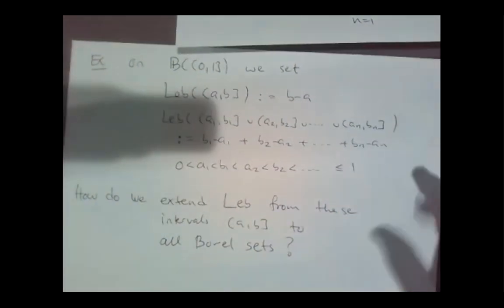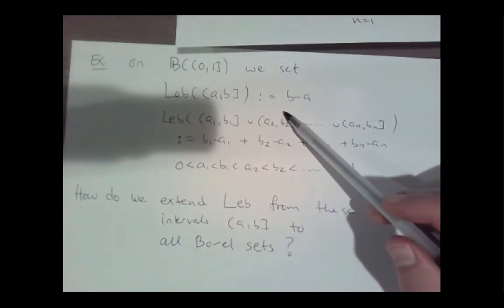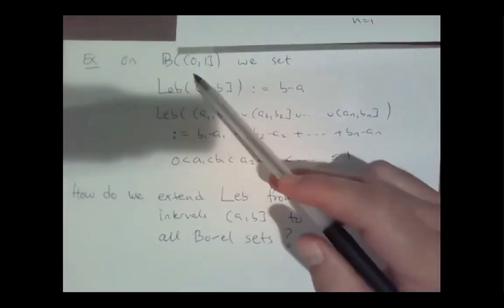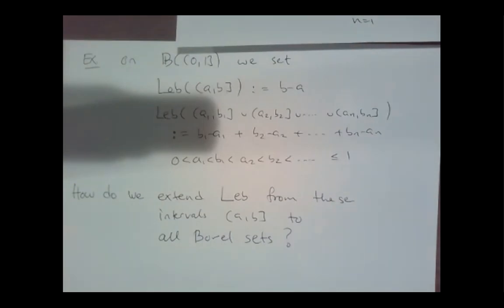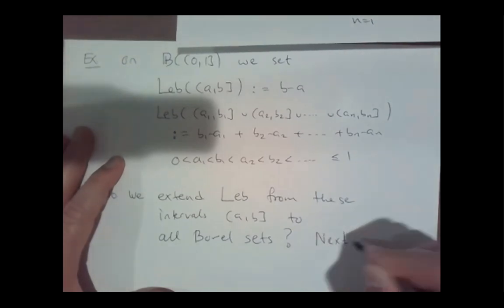We only defined how the Lebesgue measure measures length on these half-open intervals. But I also want to know, what about all these other sets that live here? How do I do that? Okay, that's going to be next time.